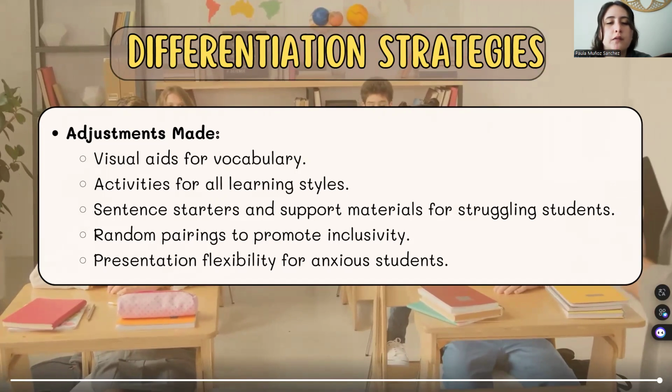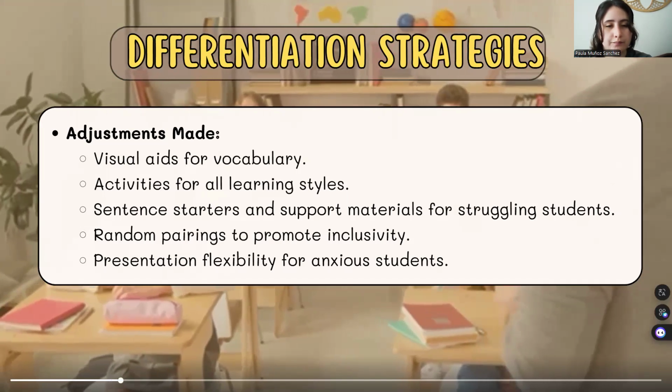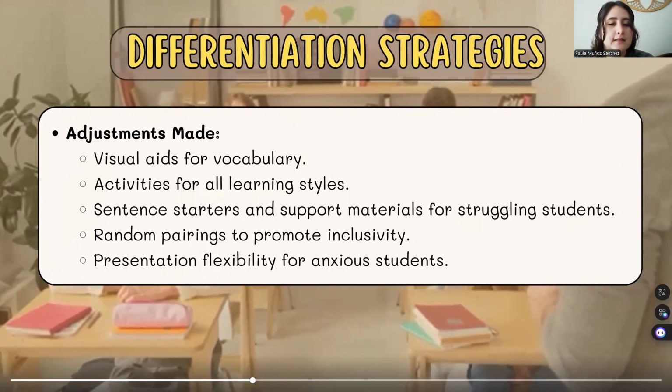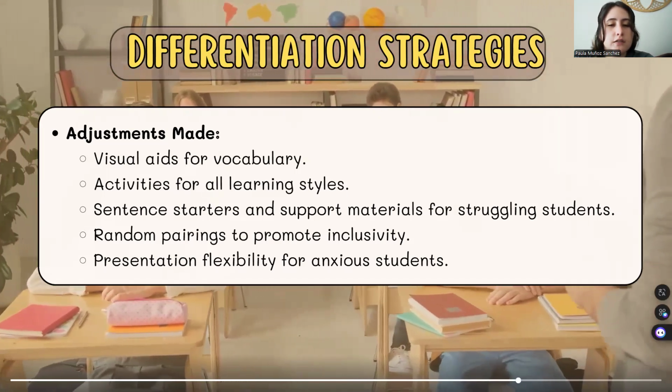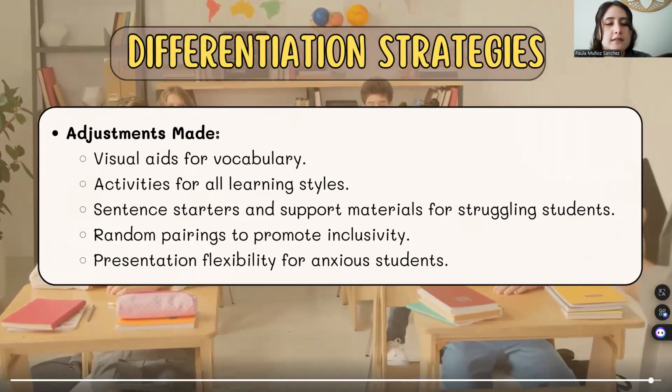This is to promote inclusivity and break the social barriers in the classroom. Then I allowed students who feel anxious about public speaking to present only to the teacher. And this made the activity less intimidating and more accessible for those learners.